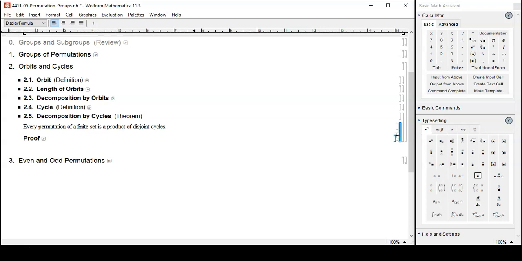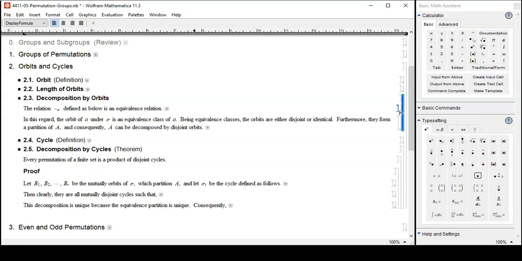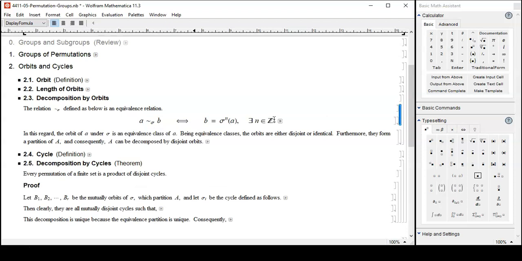How do you prove that? Well, begin with that permutation, whatever permutation, let's say sigma, and that sigma will have disjoint orbits. And the starting set capital A will be decomposed by those orbits, say B1, B2, B3, all the way over to BR. Remember that? The reason is because being in the same orbit is actually an equivalence relation.